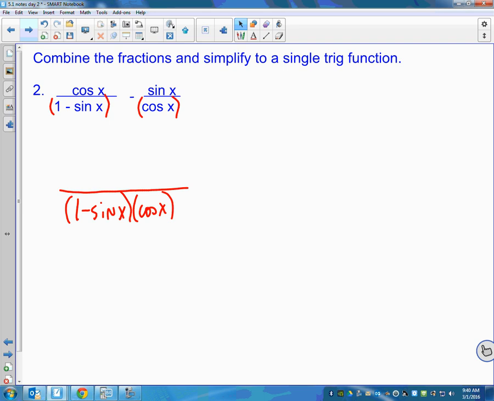Denominator, you want to look at the top and say, is there anything that maybe could be simplified?